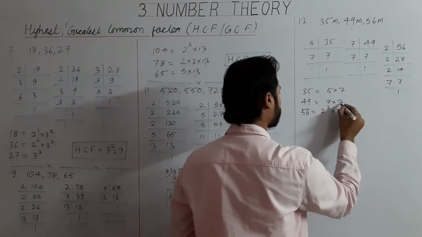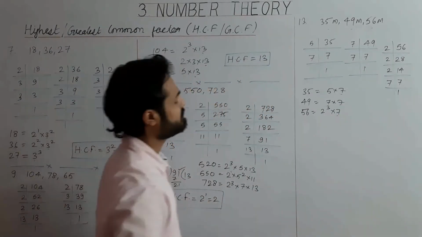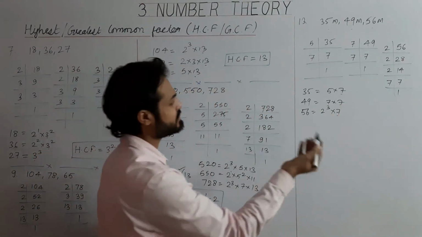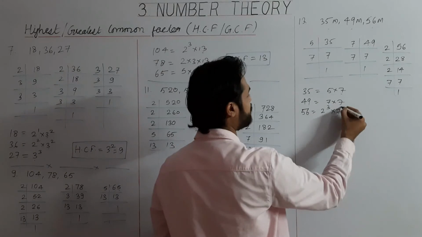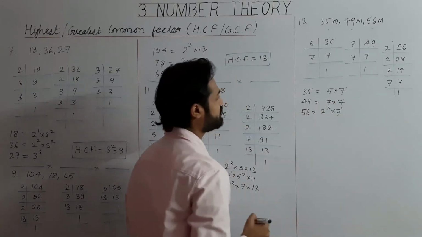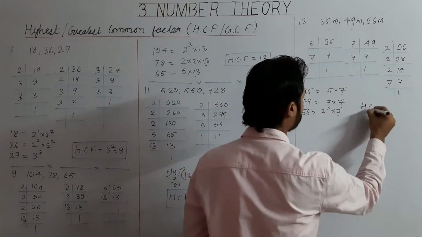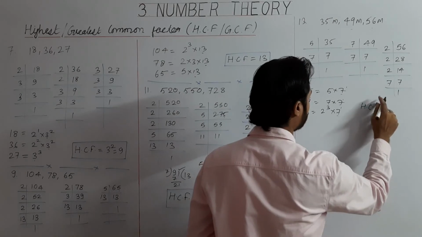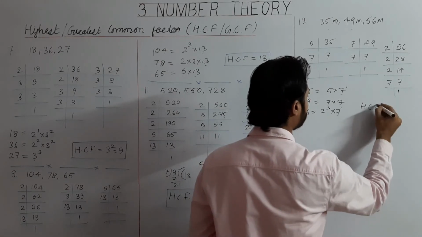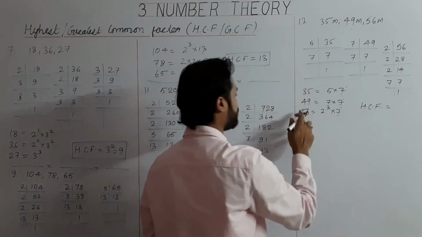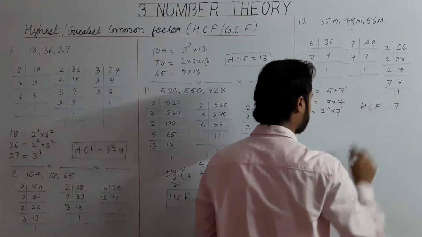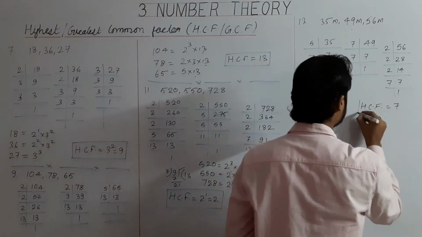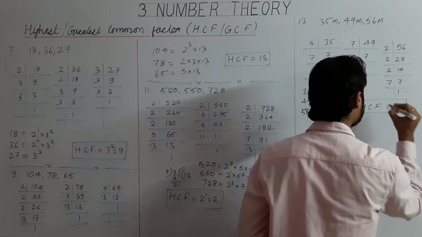So 7 is the common factor, and the highest common power of 7 is 1 for all three numbers. So the HCF of 35, 49 and 56 is 7. So 7 is the answer.